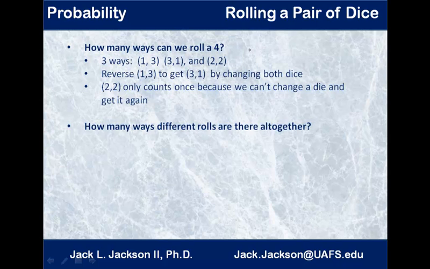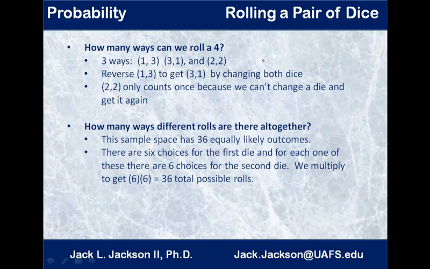Let's skip ahead all the way to the whole sample space. How many different rolls are there altogether now? Think about how we're counting these. How many would there be altogether? Well, there are 36 rolls, and these are simple events, and they are equally likely.